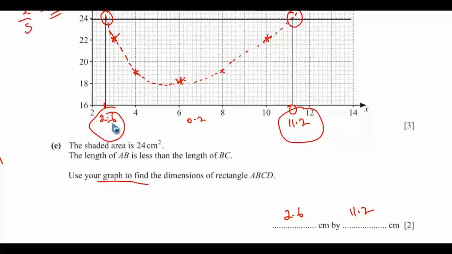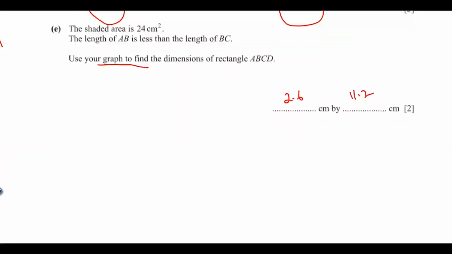If you multiply this by this, you should get a number very close to the area of the rectangle ABCD given as 30 centimeters squared. So the product of this and this should be very close. So this is how we use the graph to find the dimension.